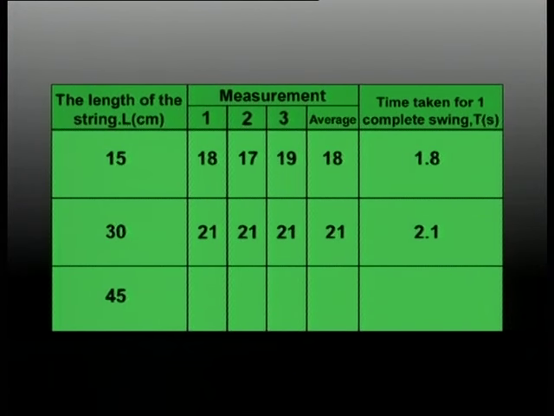Can you guess what the period of an oscillation for the 45 centimeter pendulum will be? Do you think it will be higher or lower than the two pendulums before it? Let's observe.